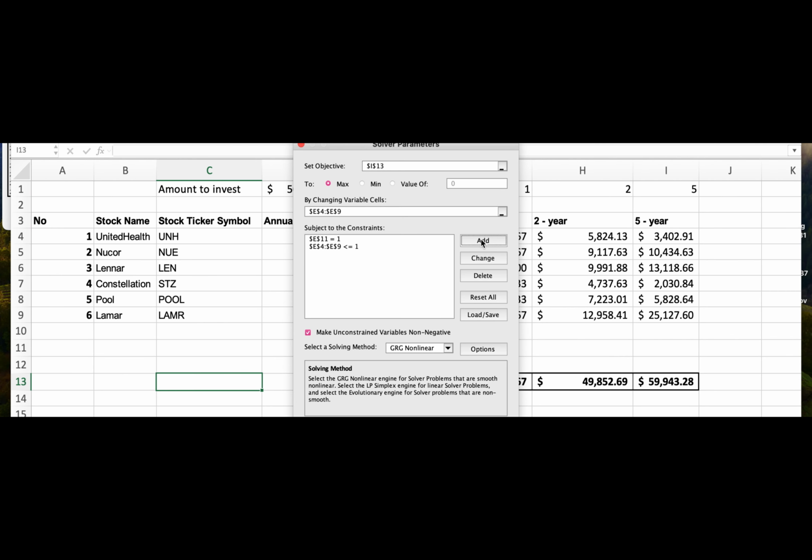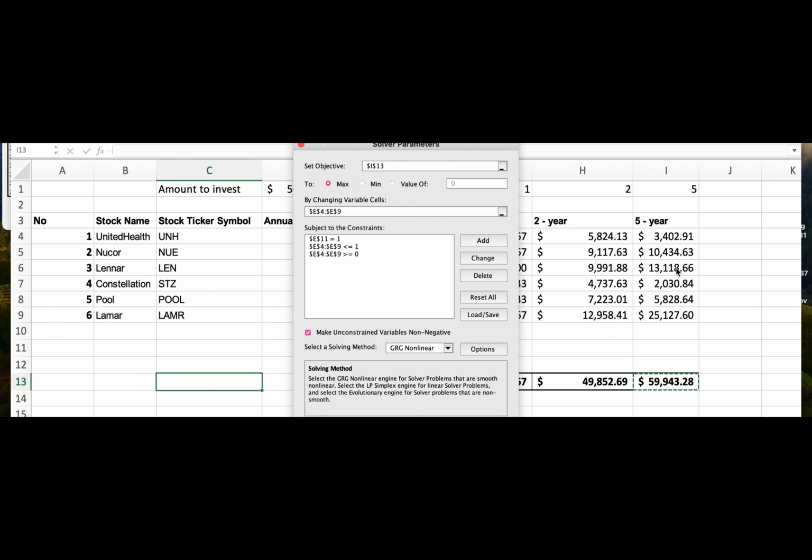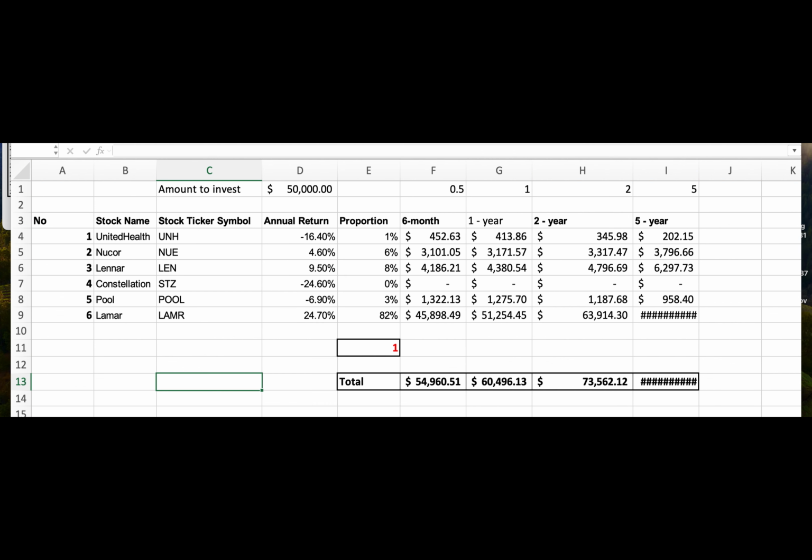And putting in the constraint that everything has to be greater than 0 but less than 1, so that it can be a fraction, a probability number, and it must equal 1, since this is a portfolio at the end of the day based on just the small number of stocks that we're looking at.